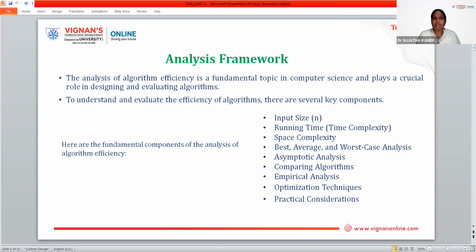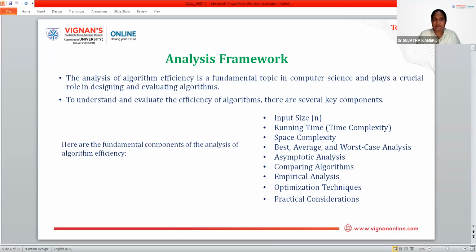The analysis of algorithm efficiency is a fundamental topic in computer science and plays a crucial role in designing and evaluating algorithms. Algorithm analysis is the process of evaluating and comparing algorithms in terms of their efficiency and performance.